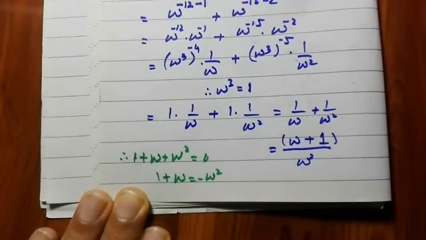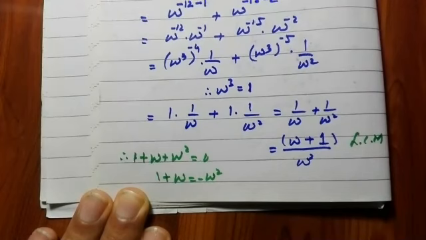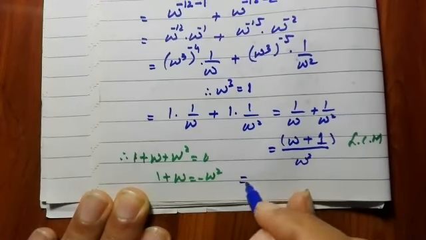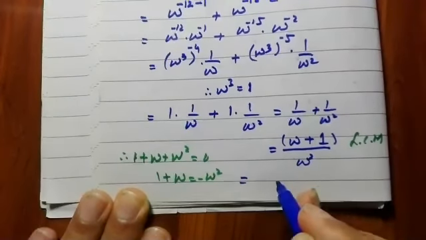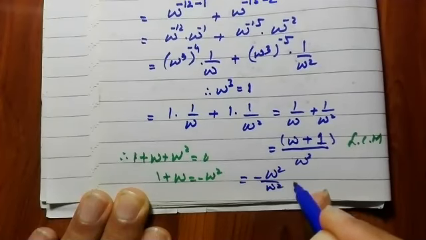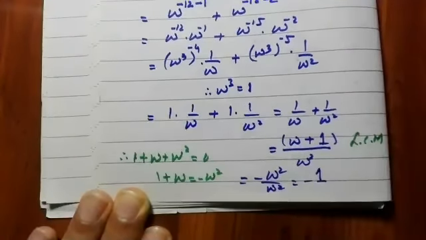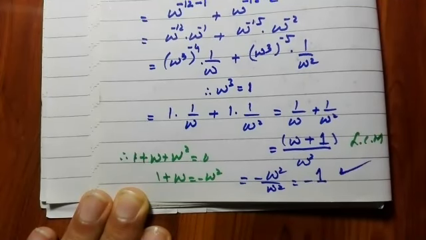I have done the LCM in this step, and after the LCM, I will use omega plus 1. So omega plus 1 is equal to minus omega square over omega square, equals minus 1, like this. So after cancellation, you will get this answer. Okay, now ask if you want to raise anything.